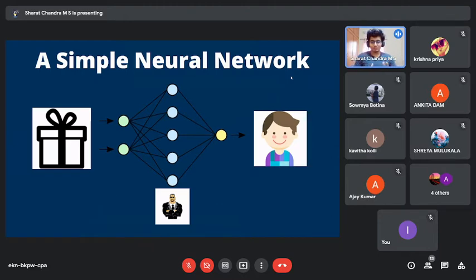To understand what a simple neural network is, I developed these mnemonics, and I'll also be sharing those with you. A kid is only happy when he gets what he expects, probably a gift that he wants, and he already has an answer in his mind on what gift he should expect. Unless you give that gift to him, he's not happy. The layers, the perceptrons, are replaced by bodybuilders, because weights are associated with bodybuilders.